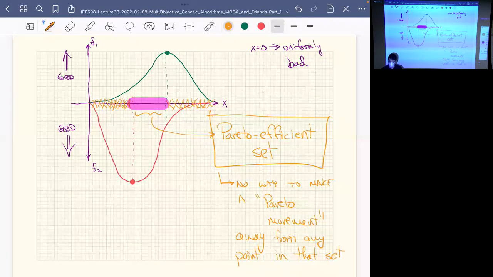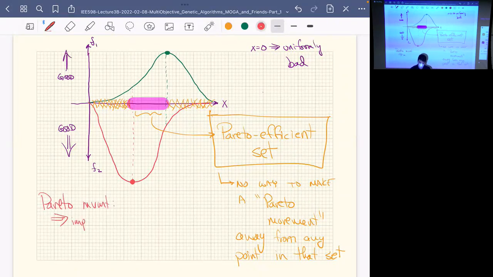Now, what do I mean by Pareto movement? A Pareto movement improves all objectives simultaneously.